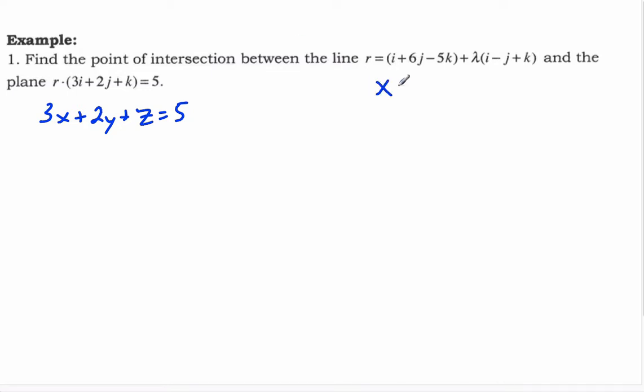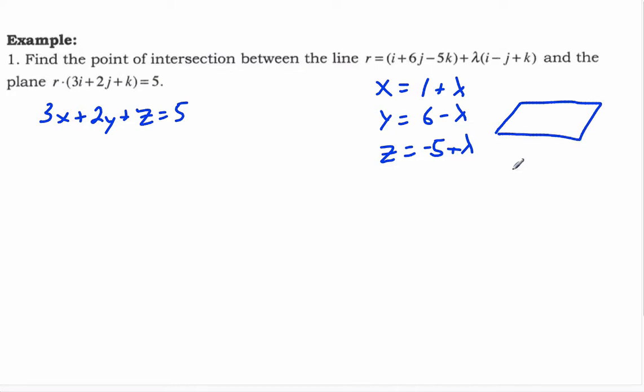So this is x equals 1 plus lambda, y equals 6 minus lambda, and z equals negative 5 plus lambda. Okay, that's parametric form, and this represents any point on the line.